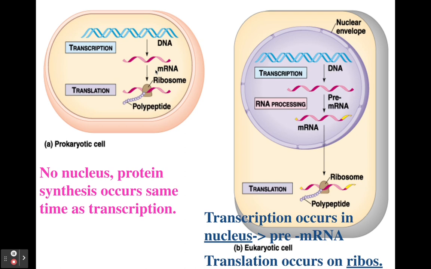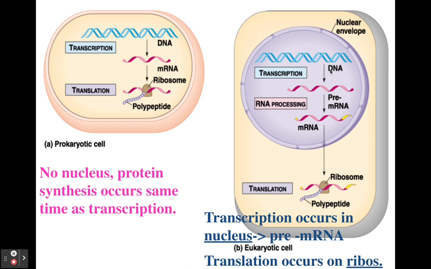We're just going straight to messenger RNA. And again, we know that ribosomes are free floating around, and so they can sandwich that messenger RNA. Since there is no nucleus, the protein synthesis occurs essentially at the exact same time as transcription. As you're making this messenger RNA, you're going to be translating it as you make it. We'll get into that in more detail.